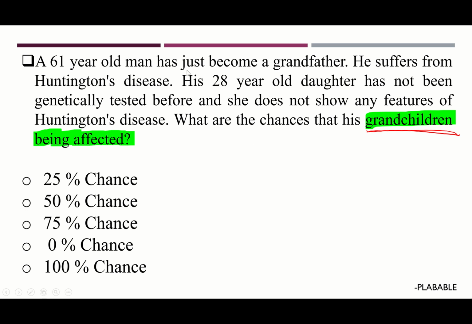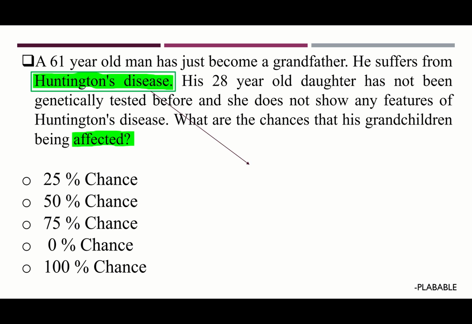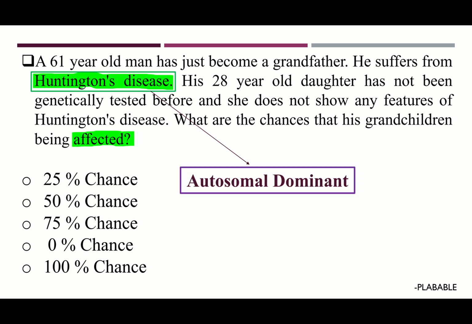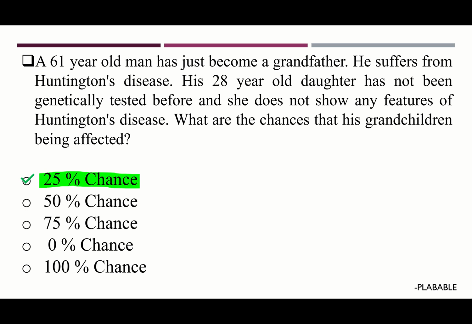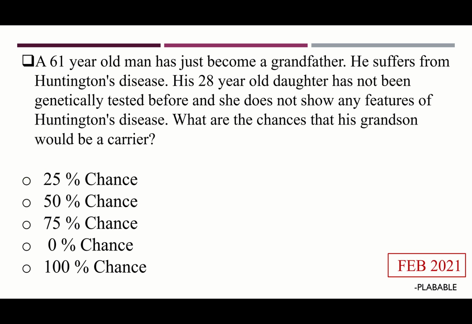If you look carefully, you will find one here, Huntington disease. What is Huntington disease? It is an autosomal dominant condition. So in an autosomal dominant condition, what are the chances of the grandchildren being affected? 25%. Very easy.